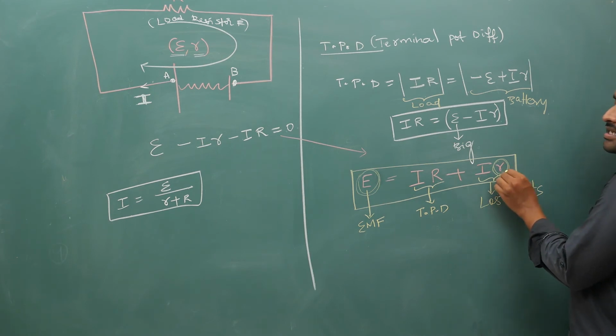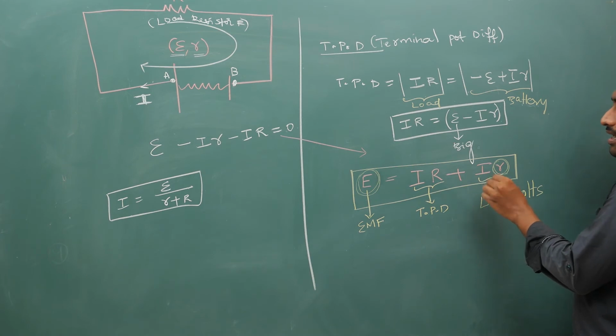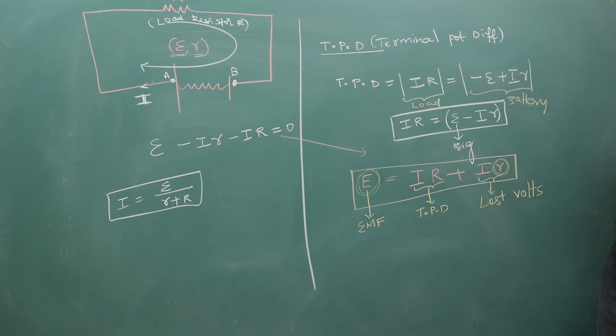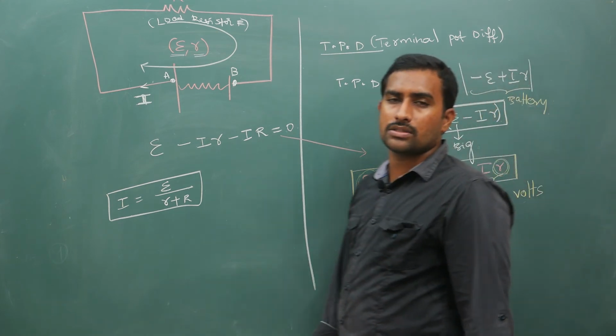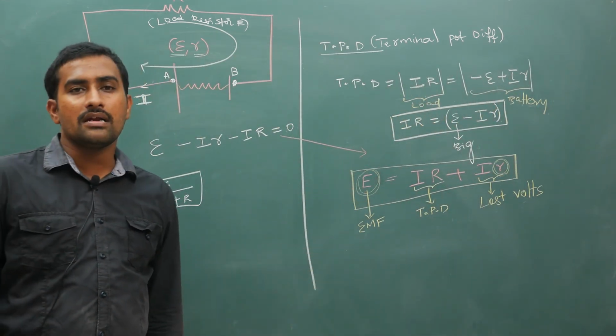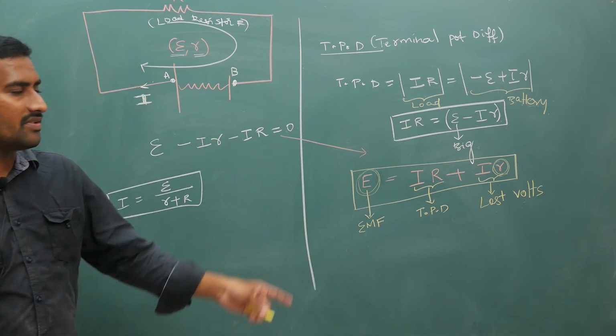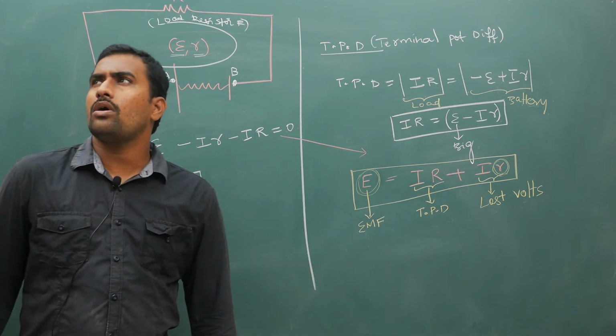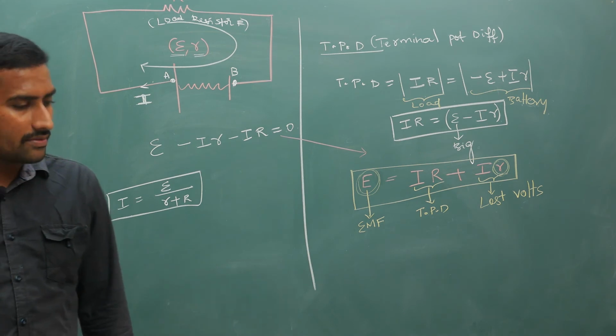Change in r will cause change in I, and change in I will cause change in terminal potential difference. Hope you have understood the difference between terminal potential difference and EMF. Both are different.